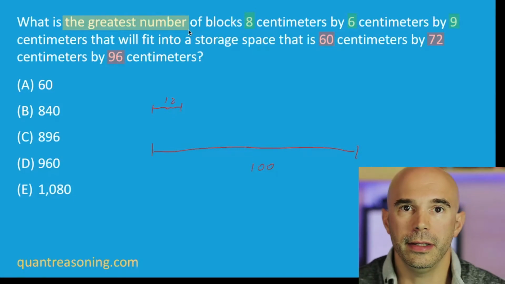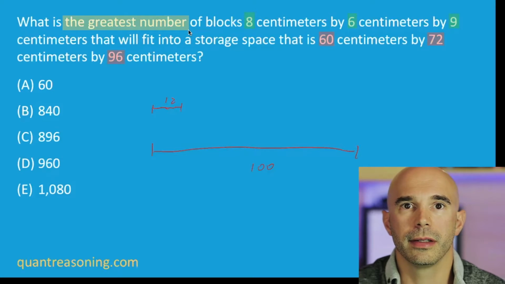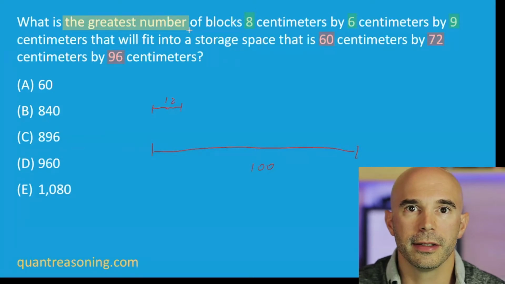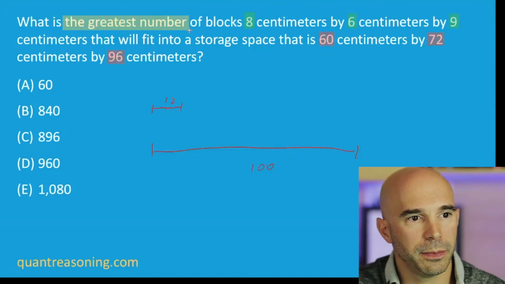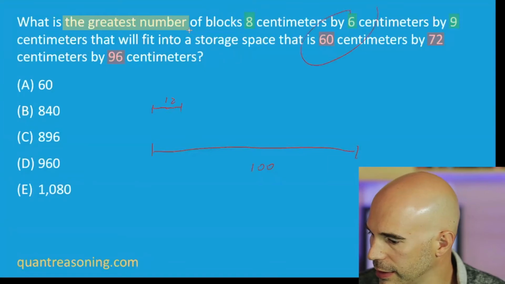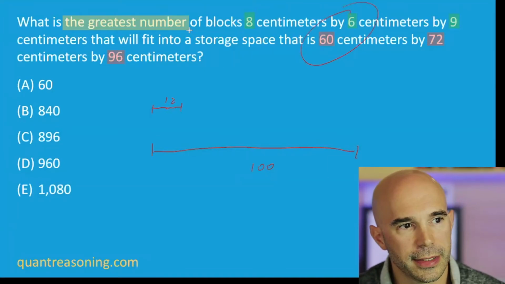And ideally, there would be some way to pair green and red together such that the red is a multiple of the green. Is there such a pairing that we could use? I mean, the 6 and 60 jumps out at me, because 60 is obviously a multiple of 6.